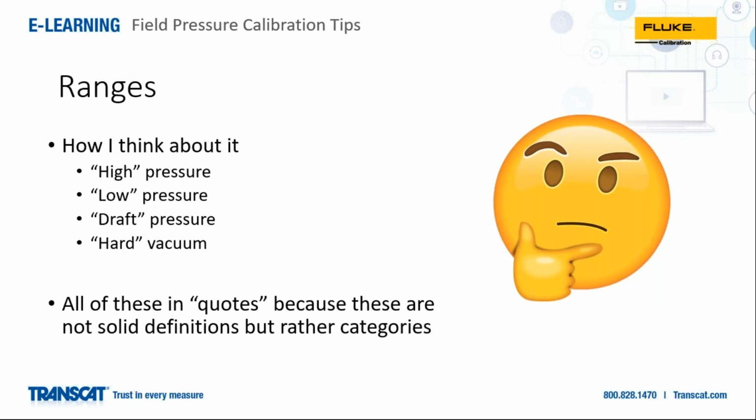So I would start by thinking about this in four buckets: quote unquote high pressure, low pressure, draft pressure, and hard vacuum. And all of these are in quotation marks because these are not solid definitions, but rather categories, and of course they bleed across each other at the boundaries.